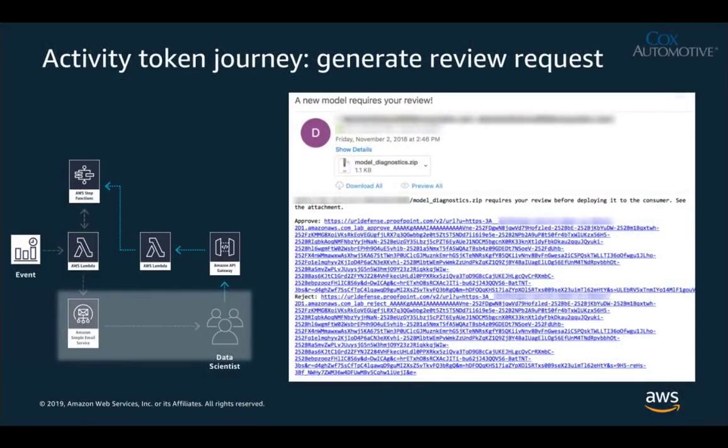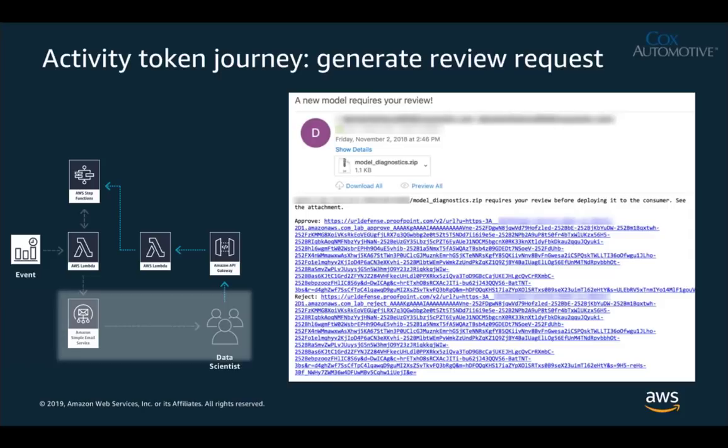This is what the email looks like. It's a simple email. They haven't spent much time on making this look really nice, because the important thing is obviously the diagnostics, and then just click on approve or reject. And that's what the email looks like, and it gets sent to the data science team.